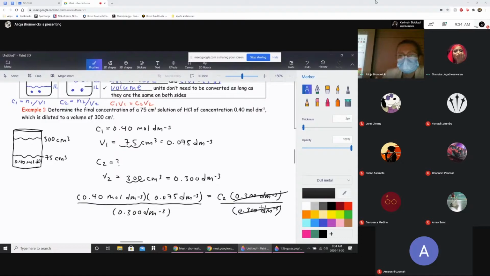This cancels. This cancels. So my final concentration is going to be 0.10 mole per liter. And that makes sense, right? I've diluted it. My concentration should go down.